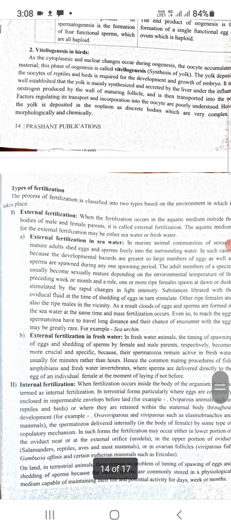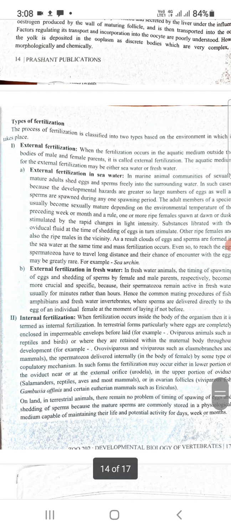External fertilization is divided into two: external fertilization in seawater and external fertilization in fresh water. Some of the animals are egg laying. If the union of egg and sperms occurs in the seawater, it is called external fertilization in seawater.